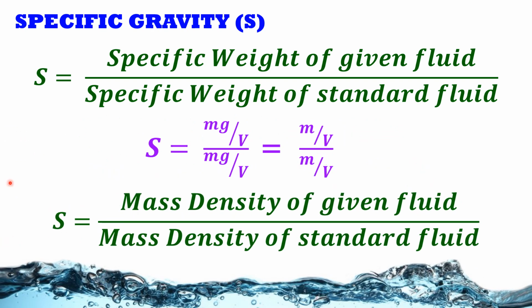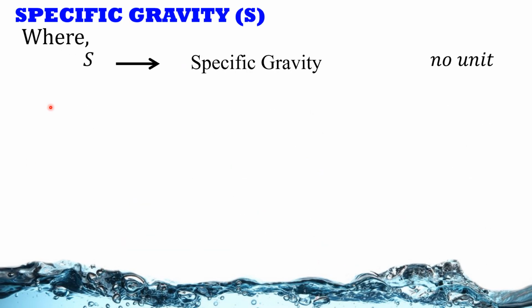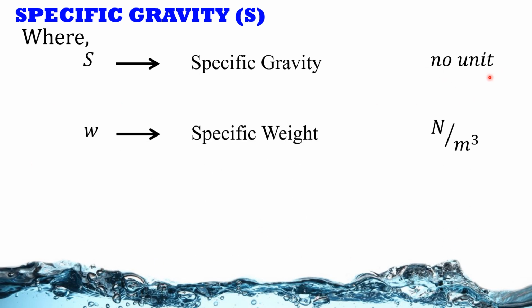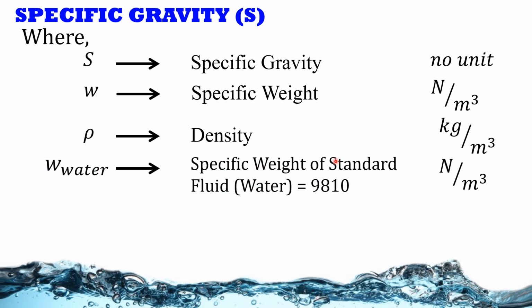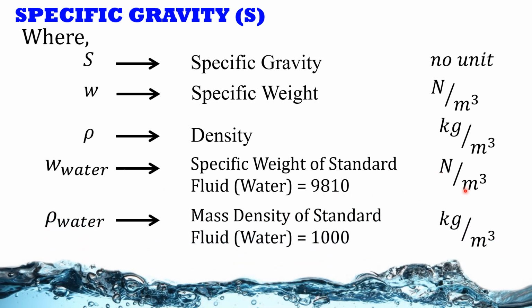Therefore S is equal to mass density of given fluid to mass density of standard fluid, where S is specific gravity, no unit, w is specific weight in Newton per meter cube, rho is density in kg per meter cube. Specific weight of water is 9810 Newton per meter cube, density of water is 1000 kg per meter cube.